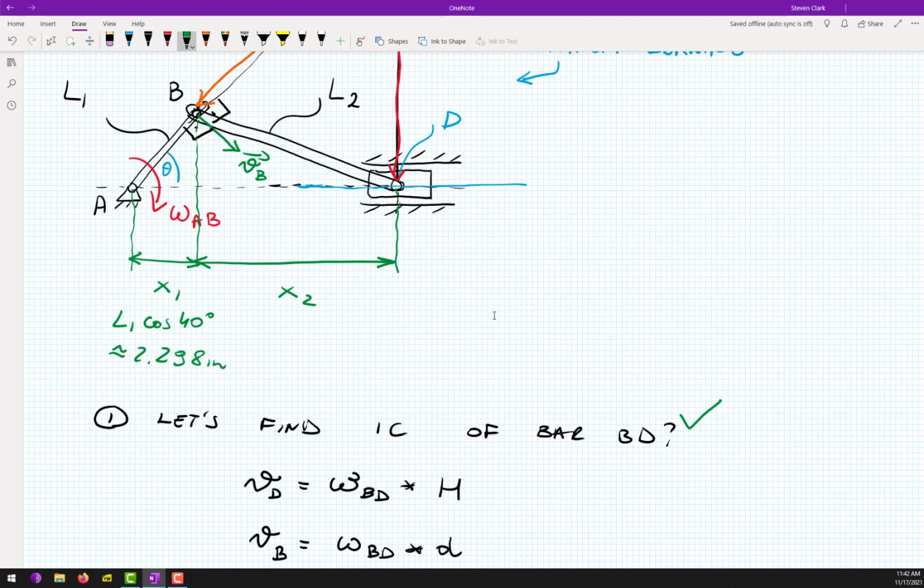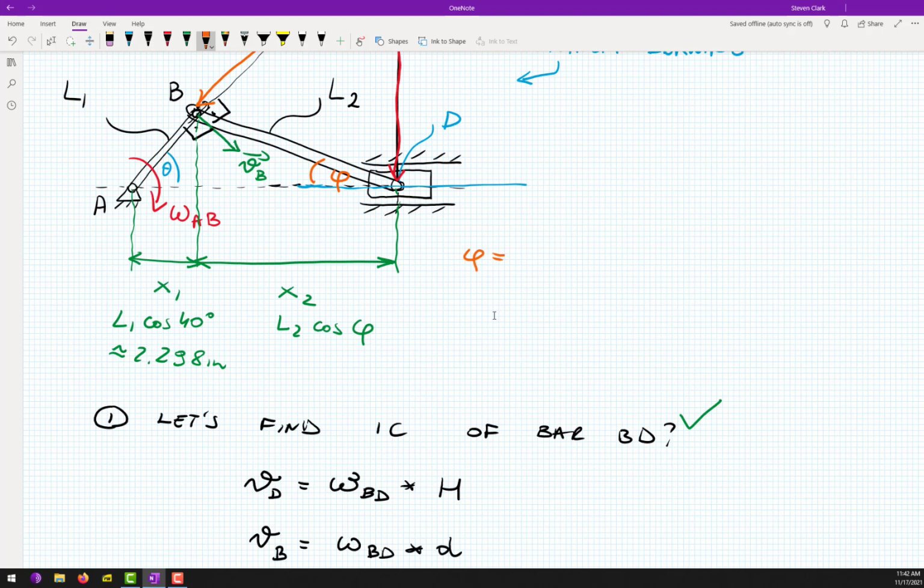Now x2. Based on this blue triangle, we know that x2 is equal to L2 cosine beta. Do you remember that on the video on Friday, I introduced here this angle?